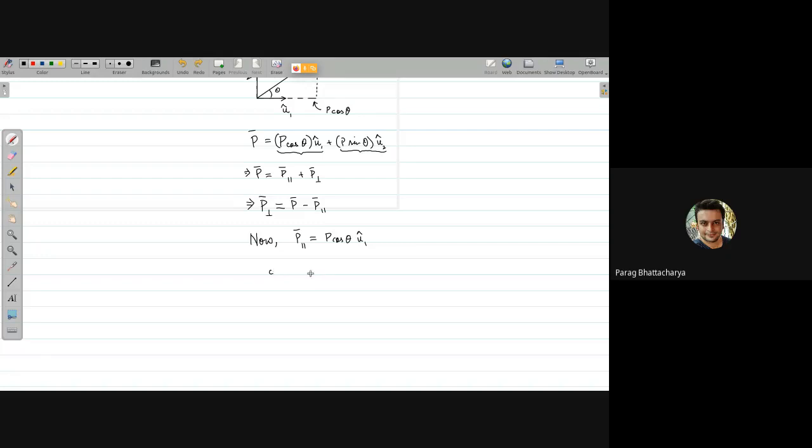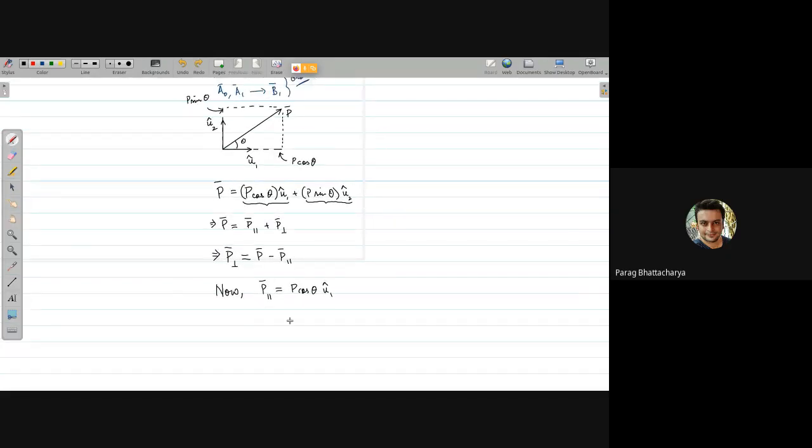One way is to take the dot product of u1 cap with p. If I take the dot product of u1 cap with p, what will that give me?